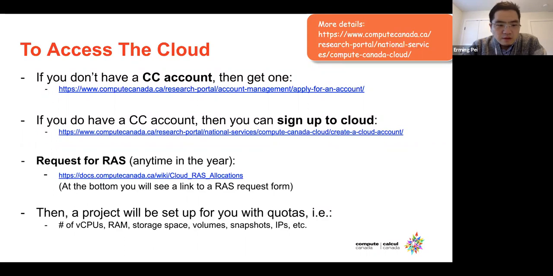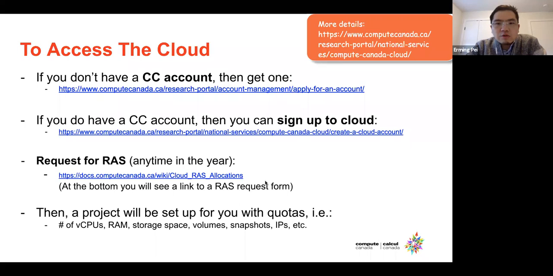In the end, once it's approved, a project will be set up for you with some quotas, like I said, how many vCPUs, RAM, storage, volumes, snapshots, IPs. If you need more, and the numbers are still less than what is limited on RAS, you can just email us, then we can grant them to you.